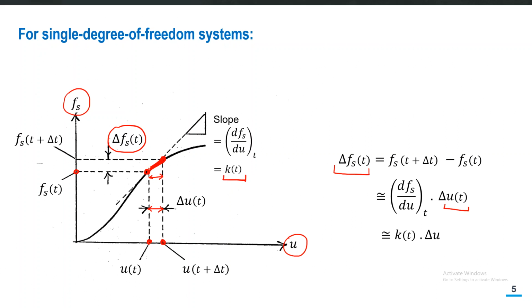So if we know the slope, we multiply it with the horizontal distance to get this small increment, which is delta Fs. This equation is the result of assuming that between time t and t plus delta t, the Fs and u relationship is linear. This is known as the piecewise linear assumption.